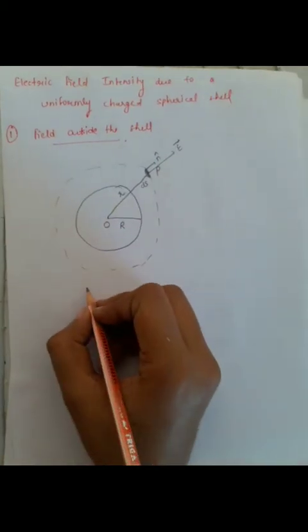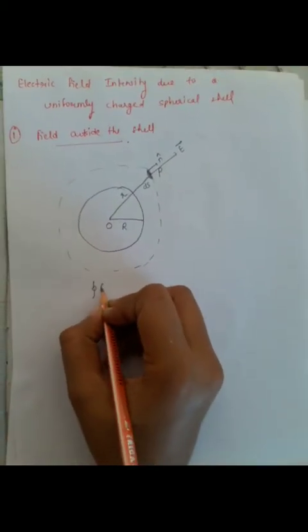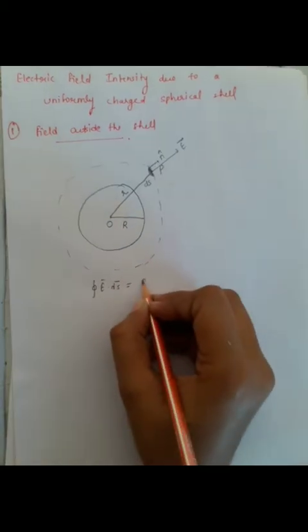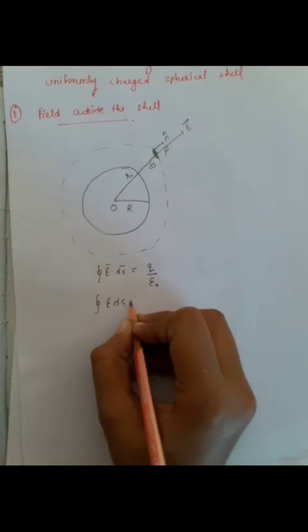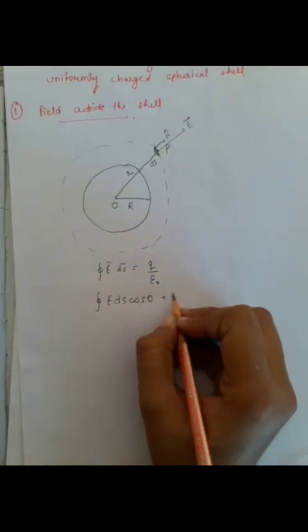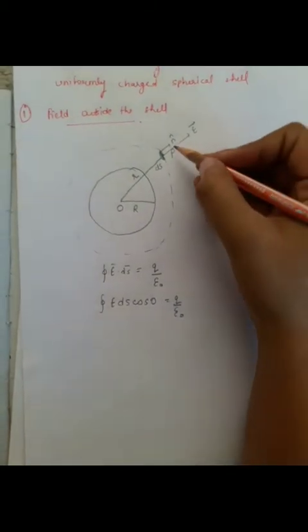Now according to Gauss's theorem we have the integral of E dot ds equal to Q upon epsilon naught. E dot ds means E ds cos theta, and theta will be 0 since the angle between them is 0.